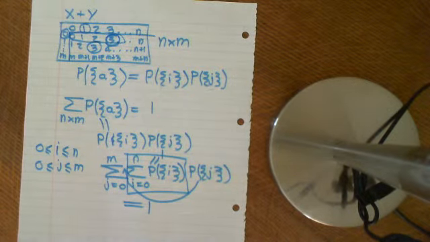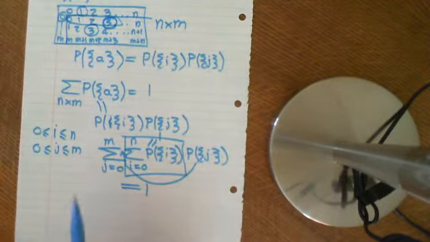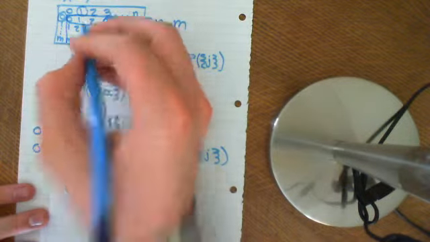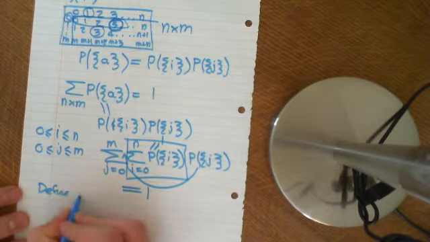Okay, so we now have a probability distribution, a PMF if you like, and we're going to define some new events.